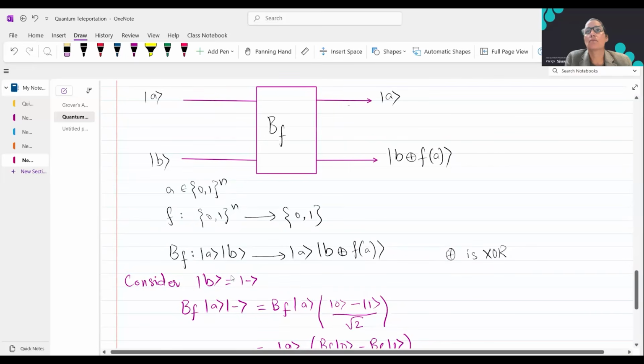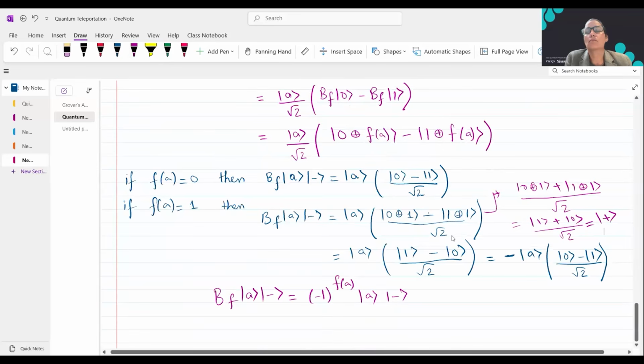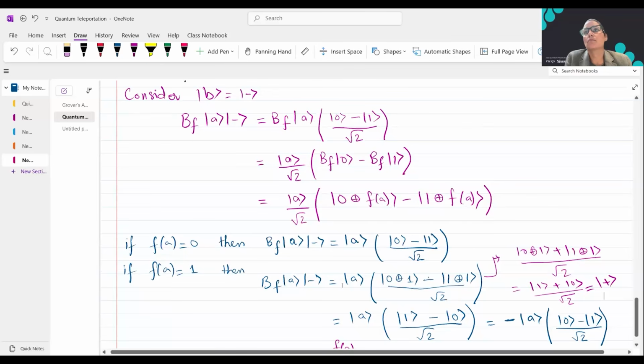Because when we are choosing this minus state, in the case when f of a is actually equal to 1, in this part of the computation we do 0 XOR 1, so the output is exactly 1.